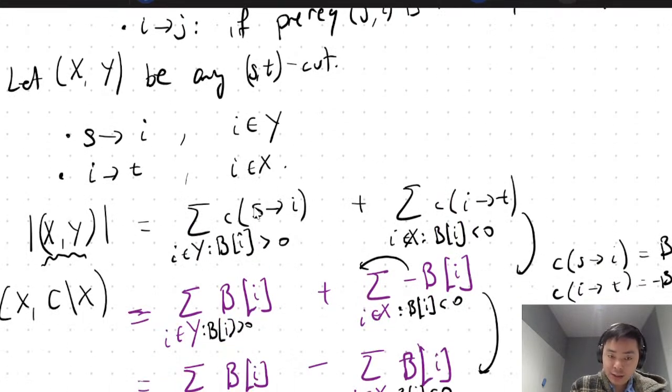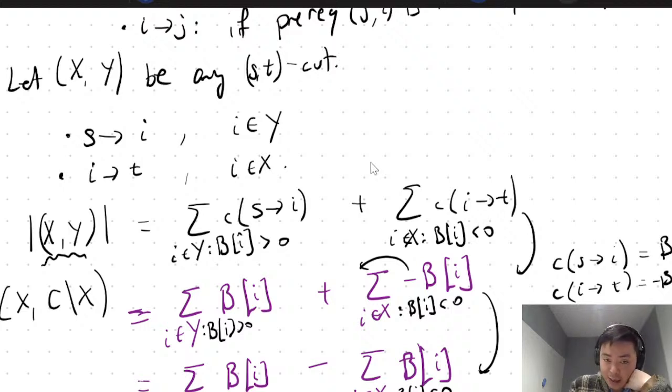So remember that X and Y are just an arbitrary partition of my vertex set. And what I have is I only consider the edges on the source side where the benefit is positive, and on the sink side where the benefit is negative. But X and Y themselves could contain courses that have positive or negative benefit.